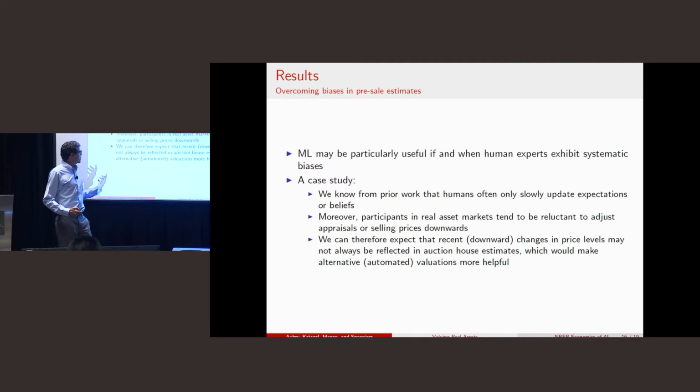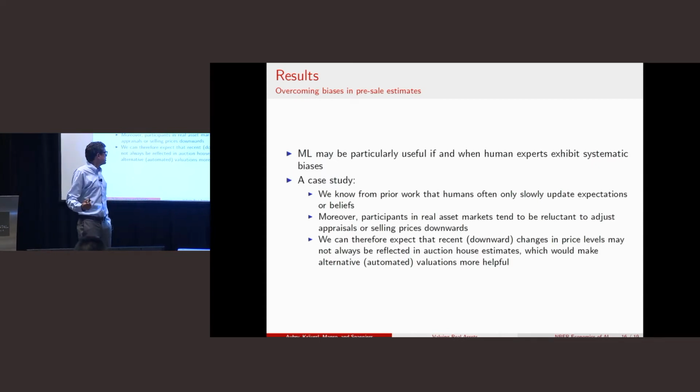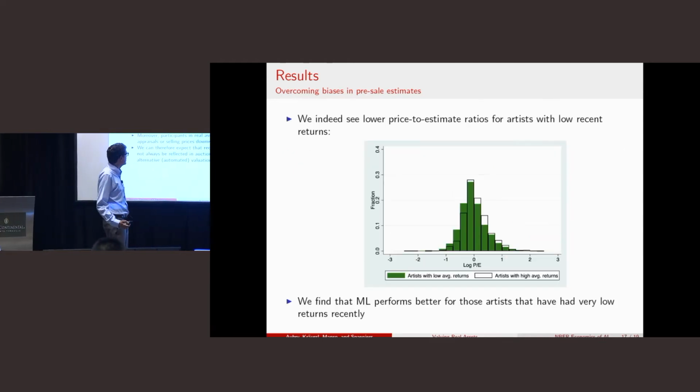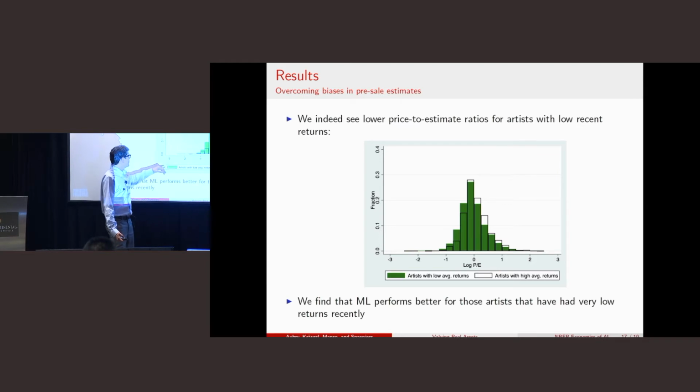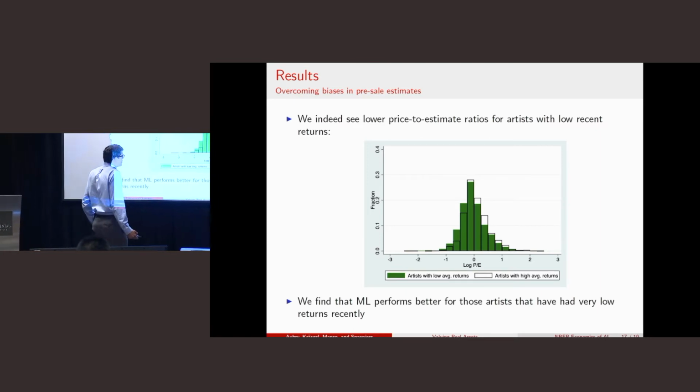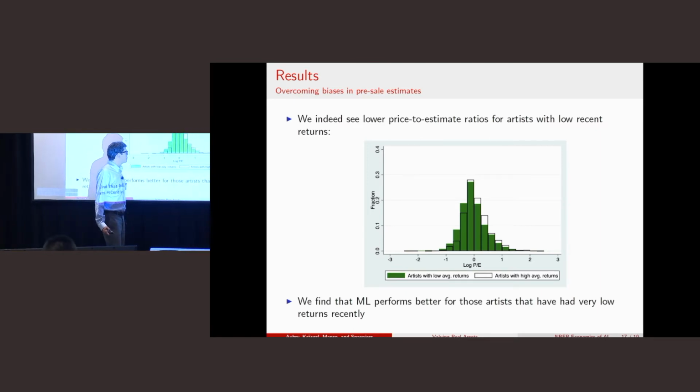We also look at overcoming biases in estimation. For example, in these real asset markets, we know that agents are reluctant to adjust appraisals or selling prices downwards. So we look at artists with low recent average returns versus artists with high average returns.